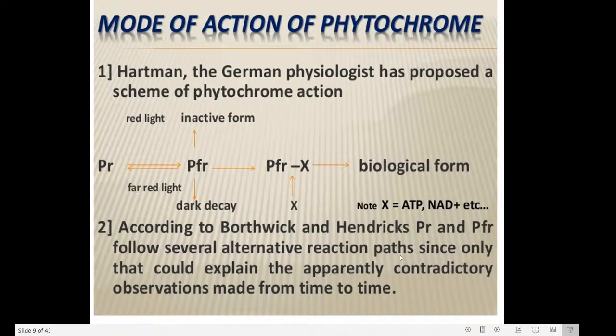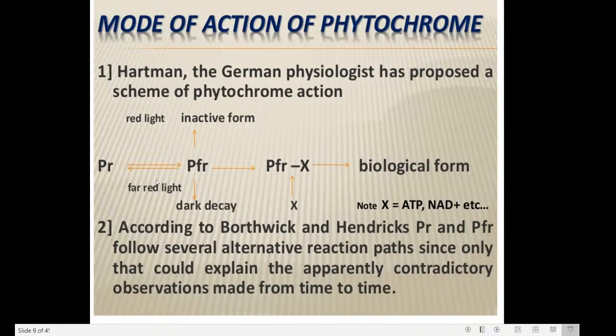As per their report, several alteration reaction pathways happen with these phytochromes. In this image you can understand: if the phytochrome absorbs red light in the medium, phytochrome 2 is in the inactive form. Due to that, the Pr form produces the product and the biologically active form.